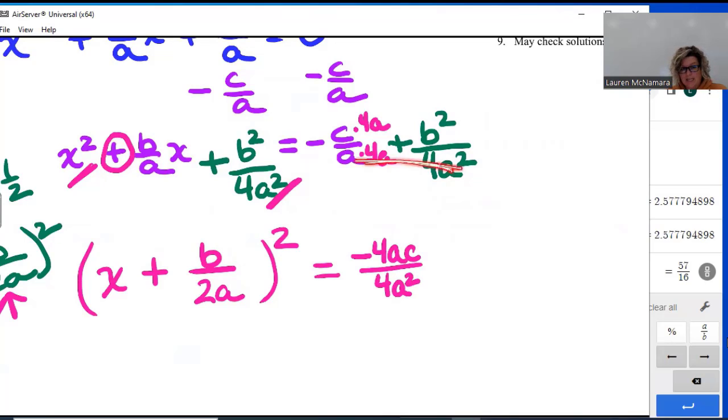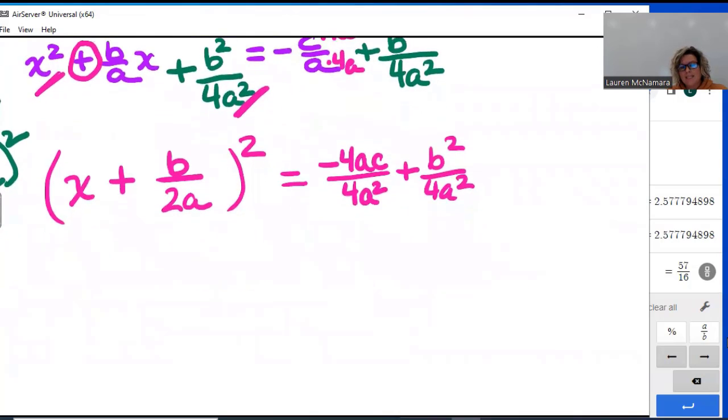I needed these to have the same denominator so that I can add them together. My least common denominator is going to be 4a squared. What do I have to multiply a by? 4a to get 4a squared, which means you multiply the numerator by the same thing, plus b squared divided by 4a squared.